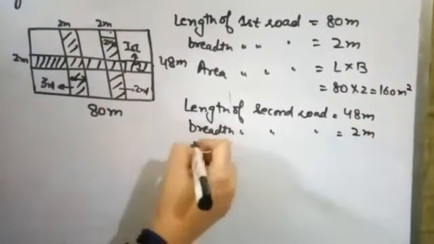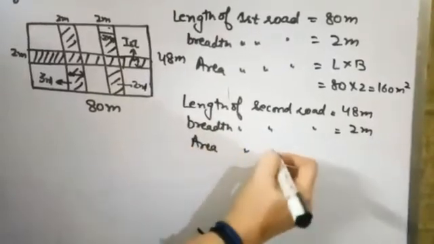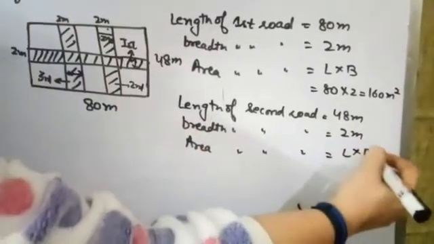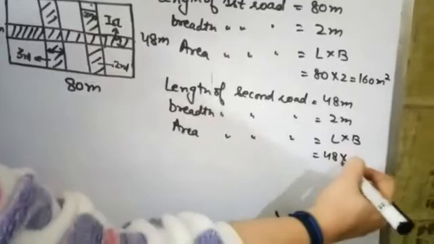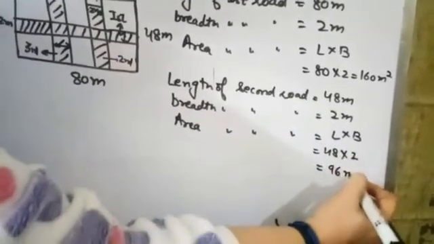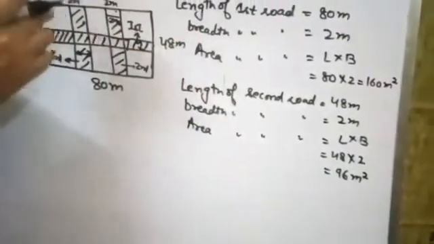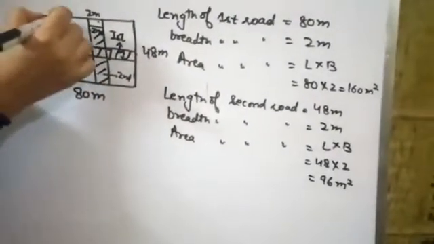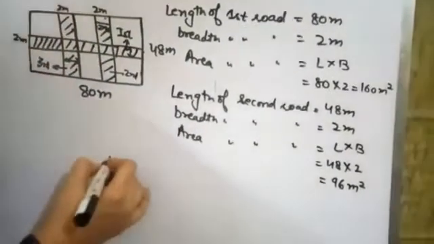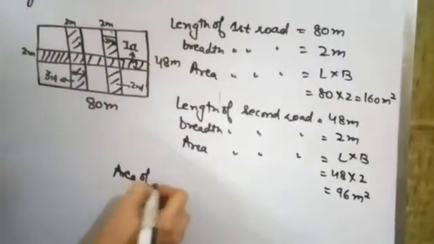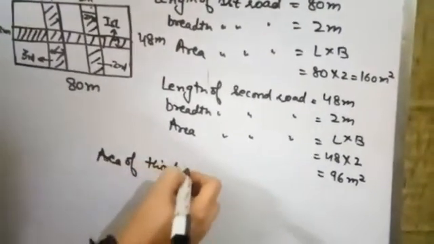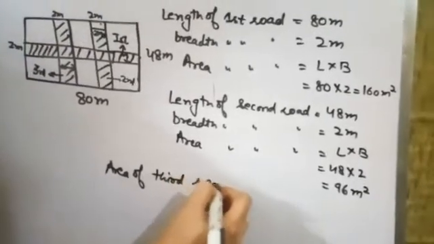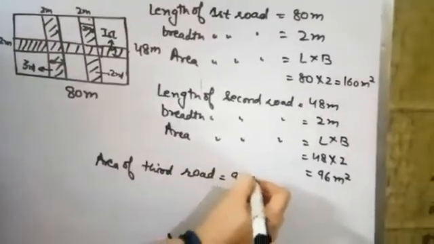So you can find out the area of this second road, length into breadth, 48 into 2, that is 96 meter square. Now for the third road, the length is again 48 meter and breadth is again 2 meter. So the area of the third road will be the same as the second road, 96 meter square.